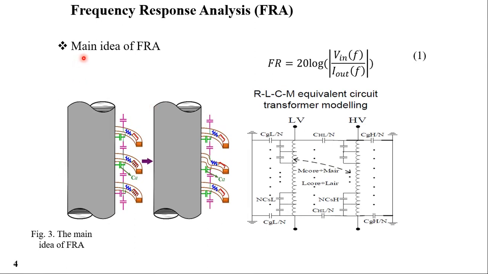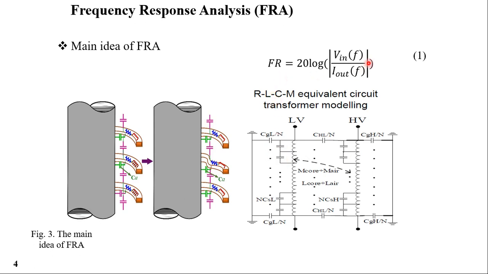The main idea of frequency response analysis is depicted in figure 3. You can see that if a change happens in the structure of the winding, it will result in changes of the values of capacitances and inductances in the equivalent circuit of the windings.